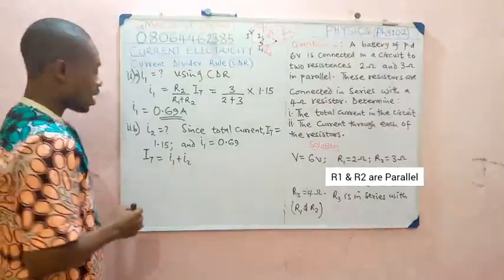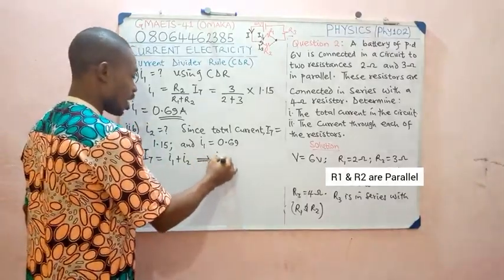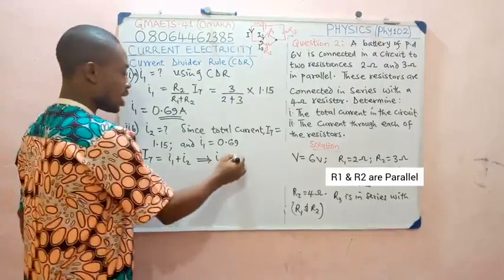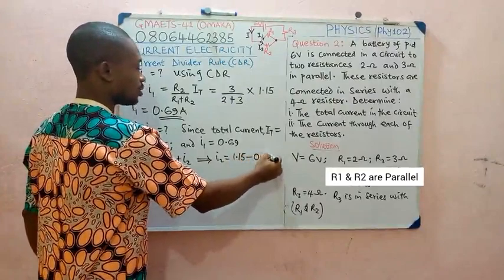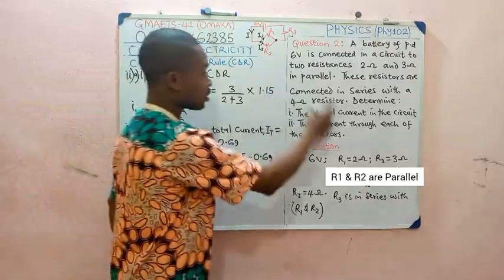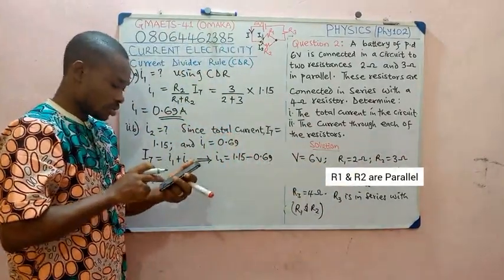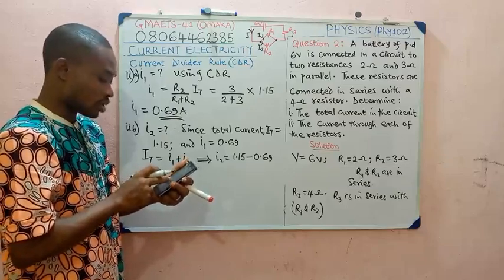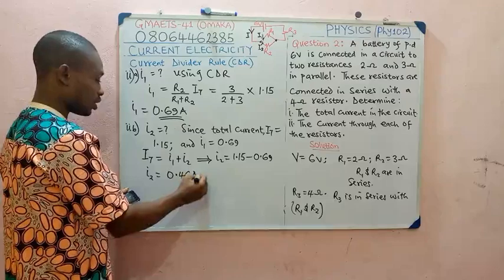Is that not so? I total shared into I1 plus what? I2. It implies that our I2 will now give us I total minus I1. Is that not so? And I total is 1.15, then minus I1 0.69. Good. So I2 will now be equal to, that is current through resistance 3 ohms here. Is that okay? Let's see what it gives to us. 1.15. We're going to subtract 0.69 from it. And from here, it's giving me 0.46 ampere.